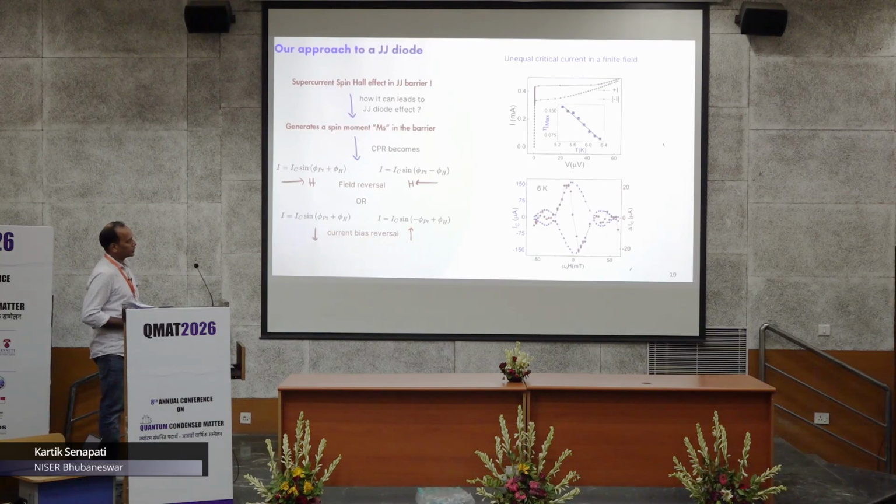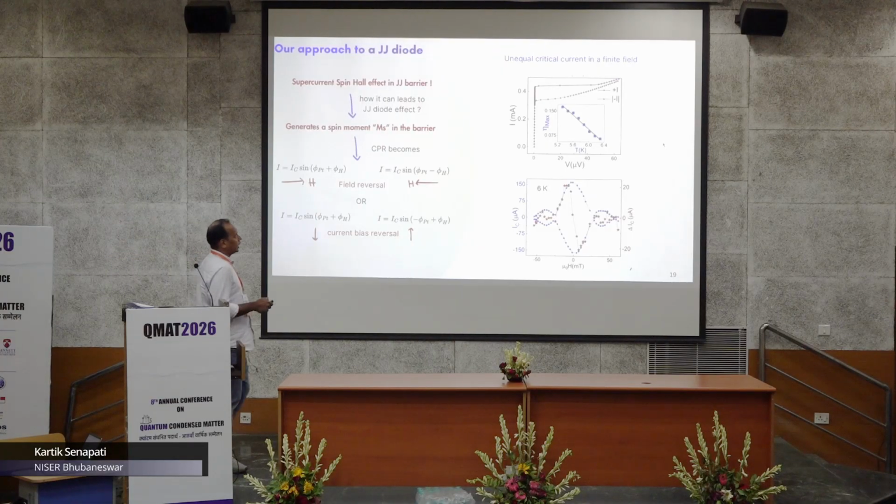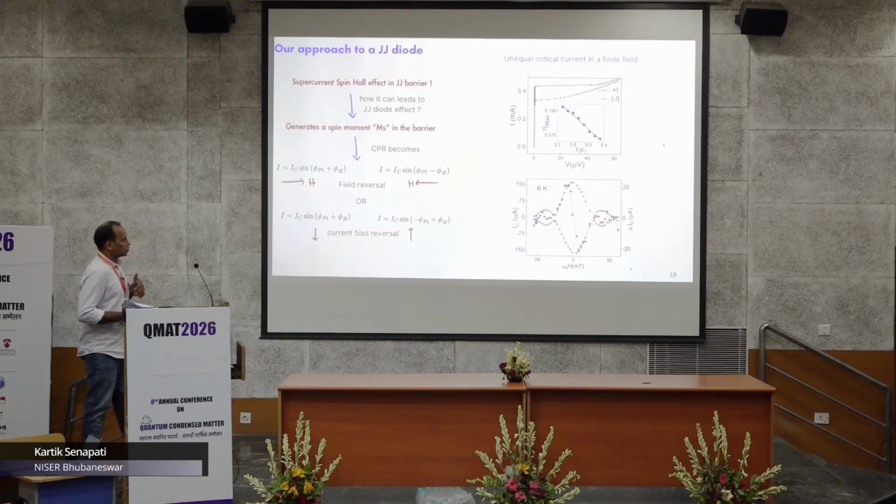This red one is the critical current difference, so there is a bit of a diode effect. We already see some asymmetry from the measurement of the critical current, and also directly from the IV. This is the current-voltage curve, with the plus-side critical current and the minus-side critical current. So we automatically see that this is not zero field, this is at a finite field.